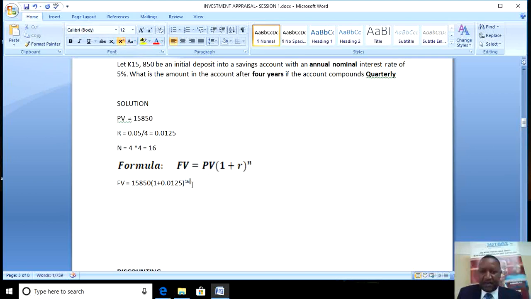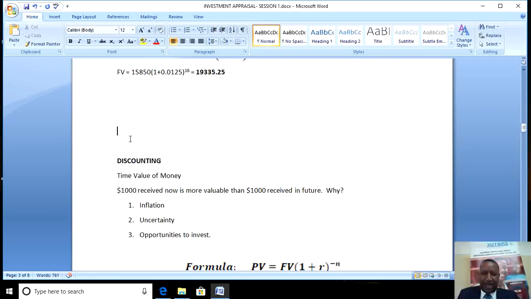So how much would that be? If you put that in the calculator, it will be 1.0125 to power 16 multiplied by 15,850. Your answer should be 19,335.25. So that's how much will be in the account after that period of time.